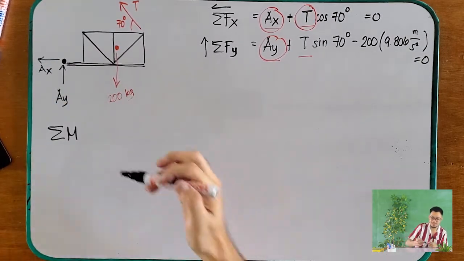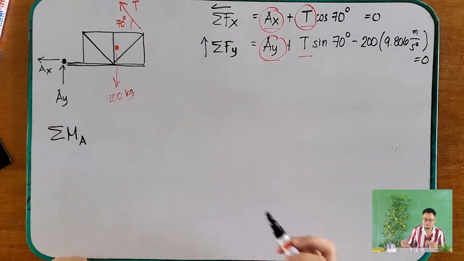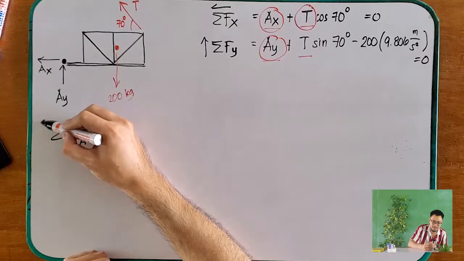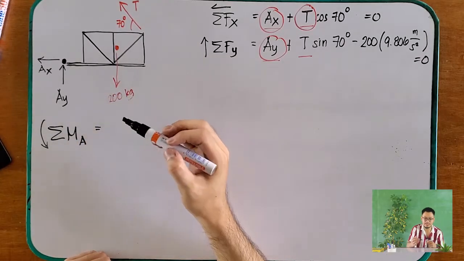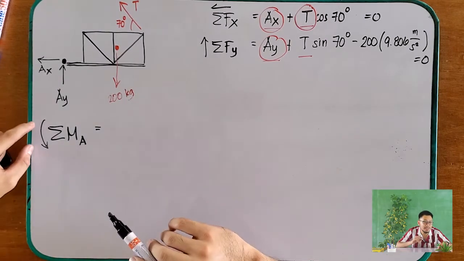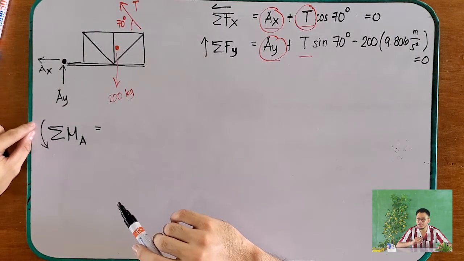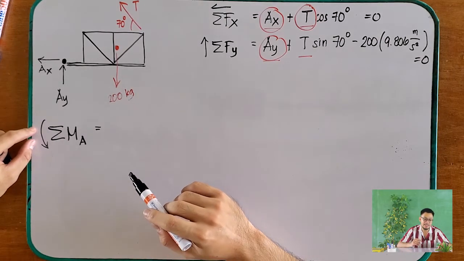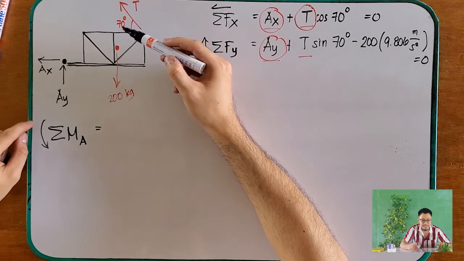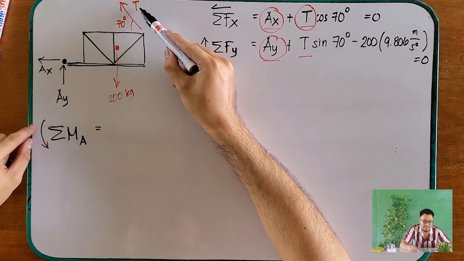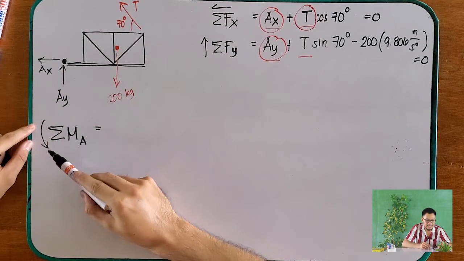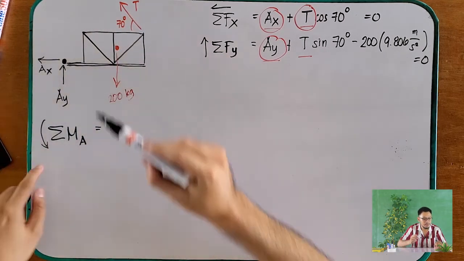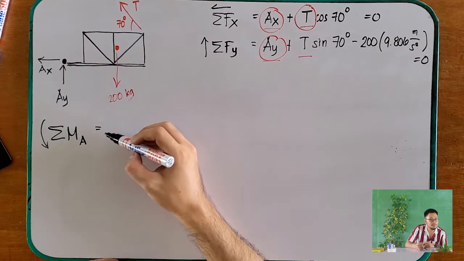So therefore, summation of moment at A. Now, what is the direction? Let us just assume that the direction is counterclockwise. Again, I'm just assuming the direction, but this assumption is reasonable, because I took the unknown as positive. If our moment direction is positive, then our unknown is positive, so I chose counterclockwise.